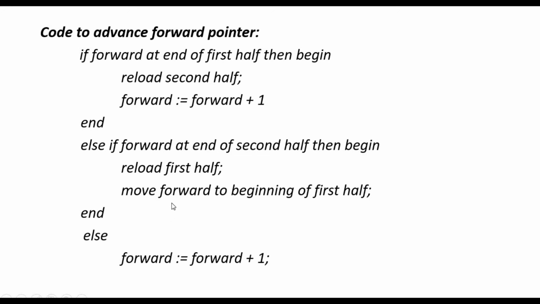It means whenever your forward pointer is at the end of any buffer, then load the other buffer. If it is the end of the first half, then load the second half. If it is at the end of the second half, then load the first half. Otherwise, the forward pointer is incremented by 1, so forward equals forward plus 1. This process continues until it matches the pattern.